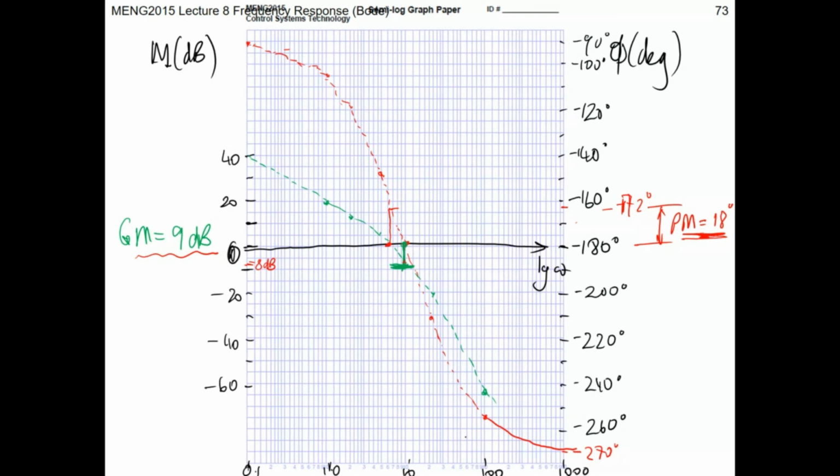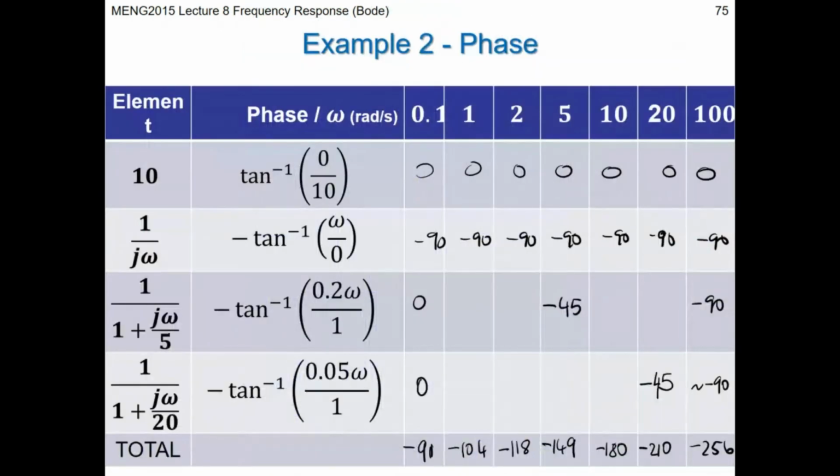So you have basically 18 degrees of phase lag you could add to the system before those two cross at the same point. That's your phase margin, 18 degrees. If you added 18 degrees of phase lag, the system would be marginally stable, and if you went further, it would become unstable. So this is our stability measure.